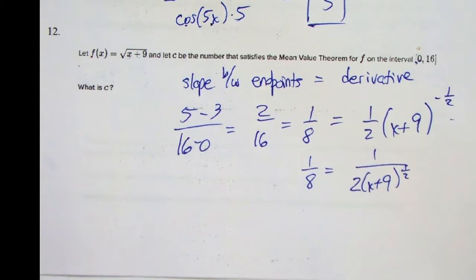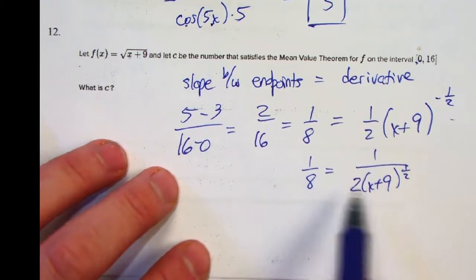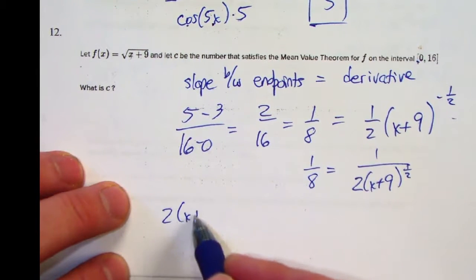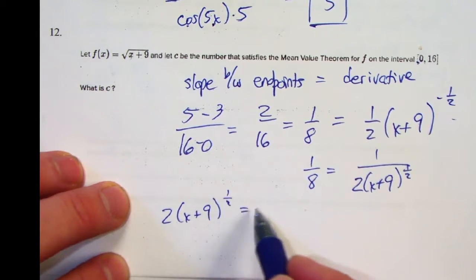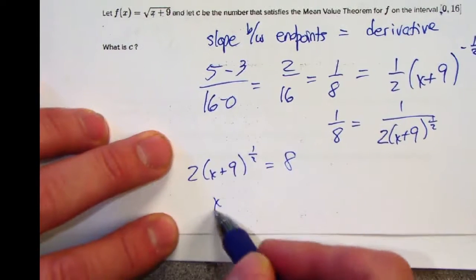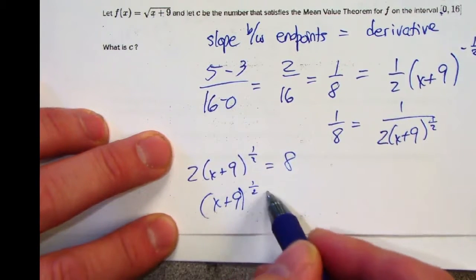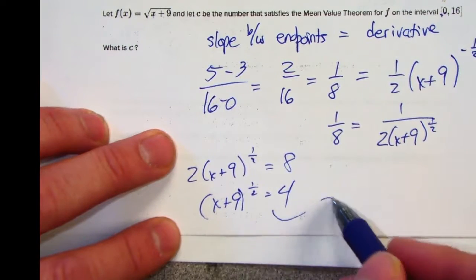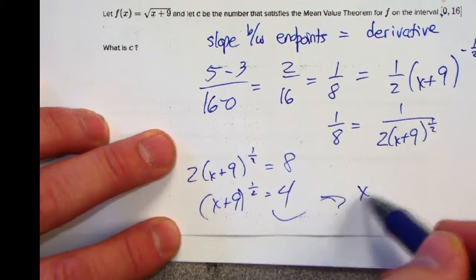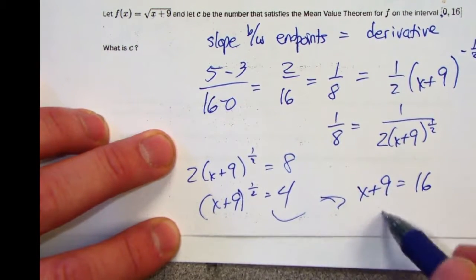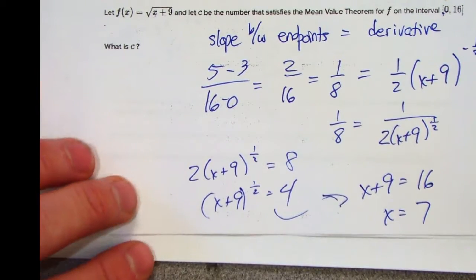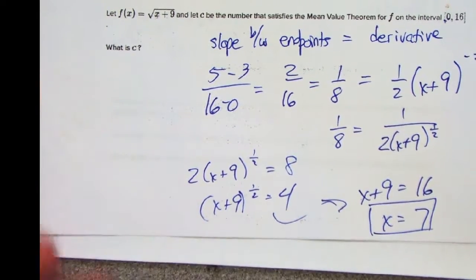I'm going to cross multiply there. So you're going to get 2 times x plus 9 to the 1/2 equals 8, which will give me x plus 9 to the 1/2 equals 4. If I square both those, I'll get x plus 9 equals 16. And then x equals 7. And that's what you're looking for.